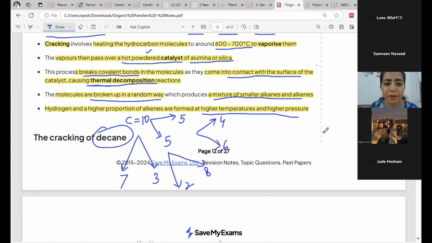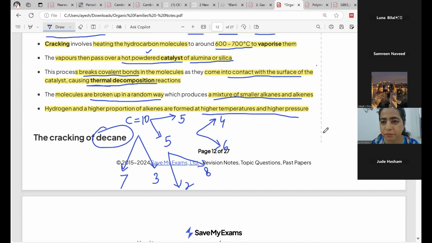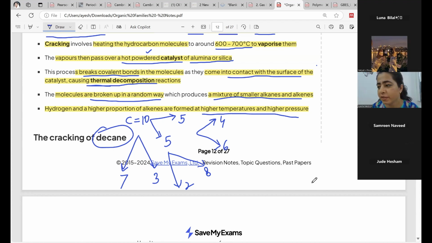We are getting many possibilities, a mixture of products. A mixture of products means a range of boiling points, a range of melting points. So, Miss, if we have a range of possibilities, that means it is impure. It is a mixture, it is impure. Mixture means something impure, which is not a single product. So we're getting a mixture of alkanes and alkenes at the end. We're not getting one single product.